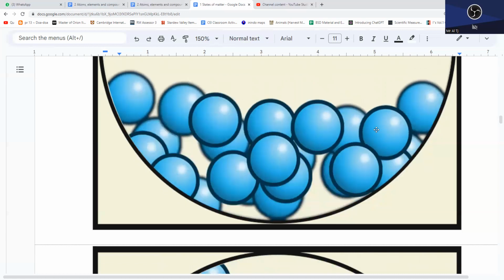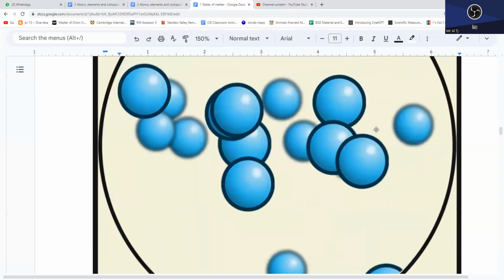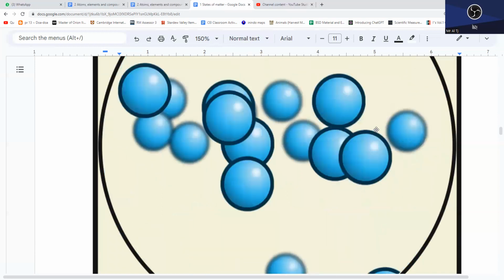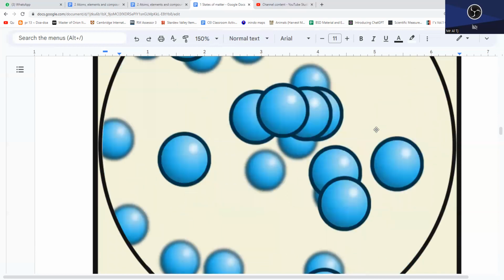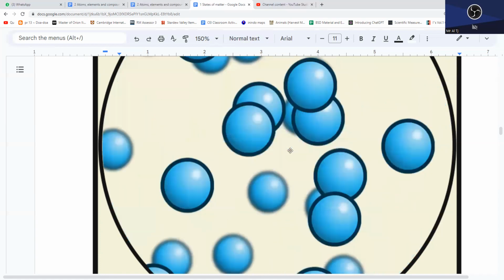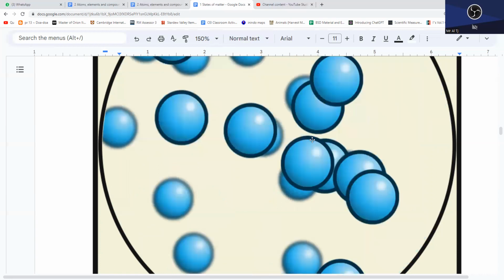And this is the representation of the gas particle. Gas particles simply don't have contact with one another. They behave as individuals and keep on moving. There is a lot of space between the gas particles. The representation here is an exaggeration.